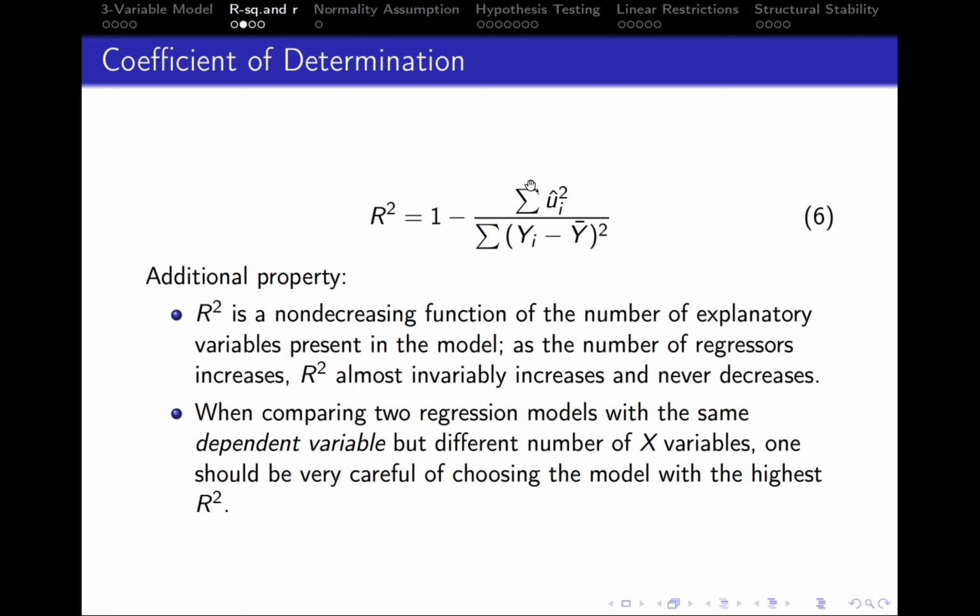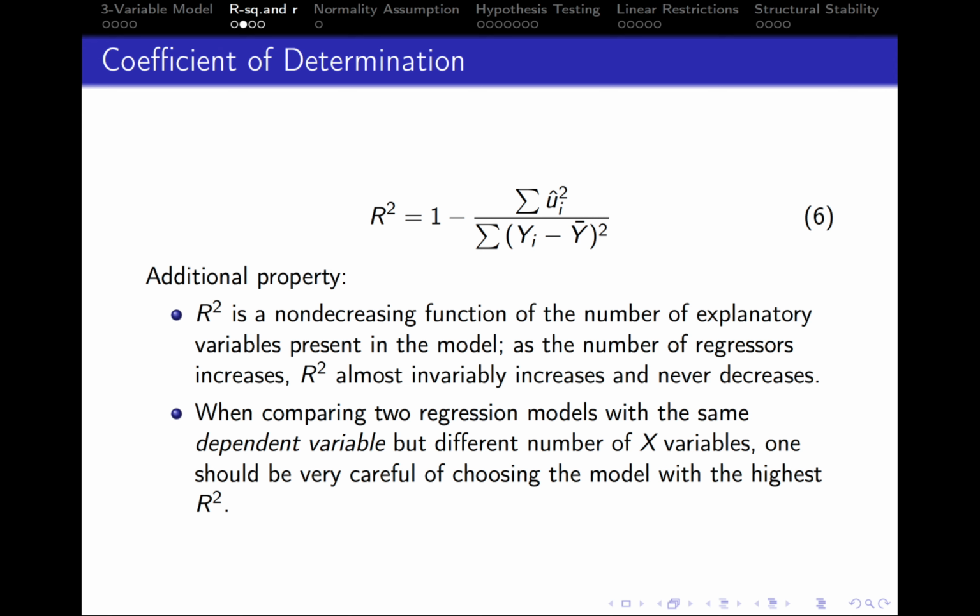So this term here will be decreasing, which means that the whole term over here will also keep on decreasing, and so we will be subtracting a smaller and smaller number from 1, which means that R squared will be getting higher and higher. This property is summarized right here: R squared is a non-decreasing function of the number of explanatory variables. As the number of regressors increases, R squared almost invariably increases and never decreases.